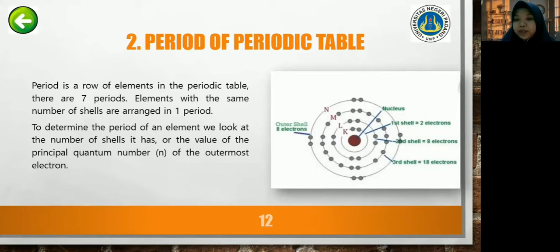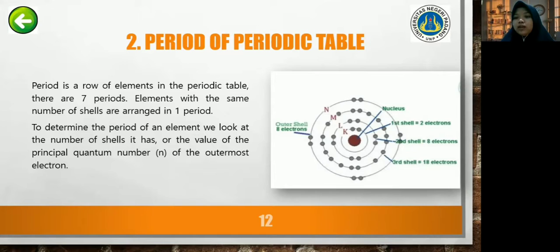In this picture, we can see the orbitals of electrons. We can see in the first shell, namely K, the maximum is 2 electrons.